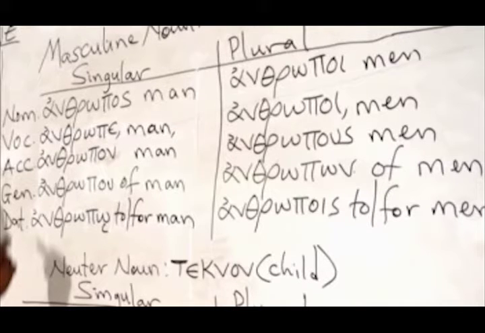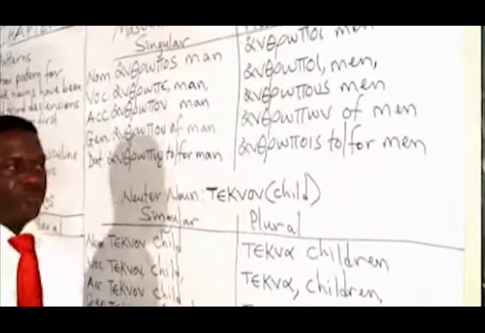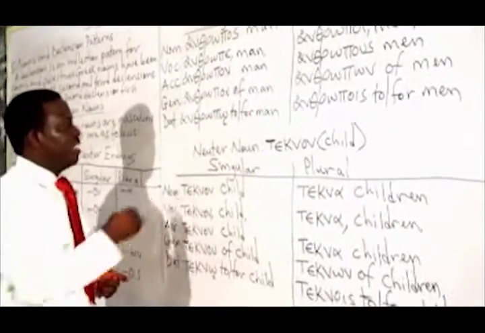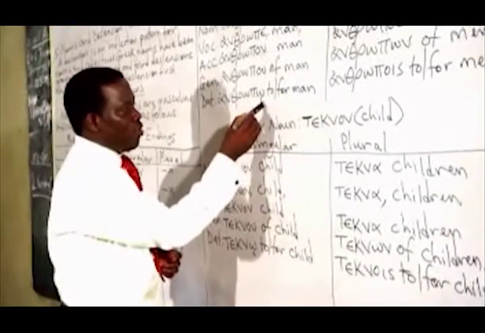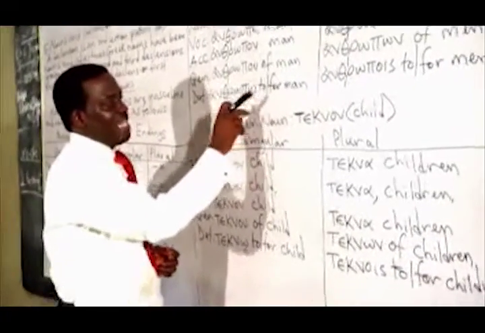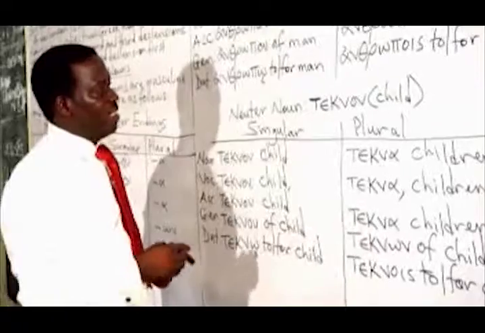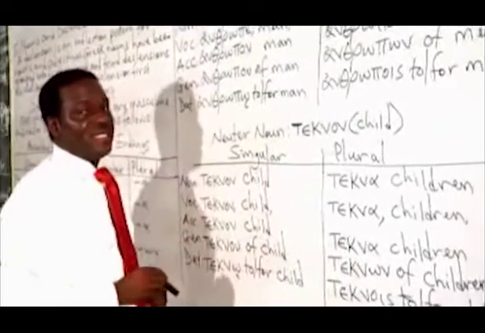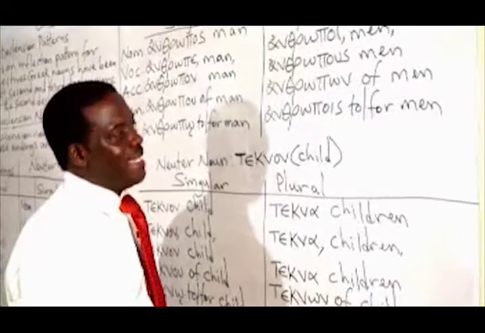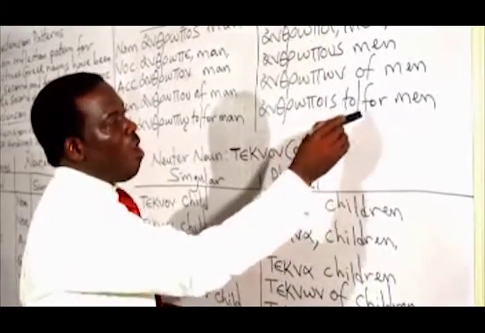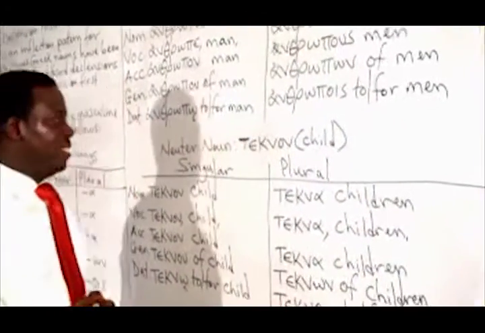In the plural, anthropon is of men. Dative singular, anthropo, with the iota subscript, and the iota is silent. It means to or for man. In the plural, anthropois, it means to or for men.